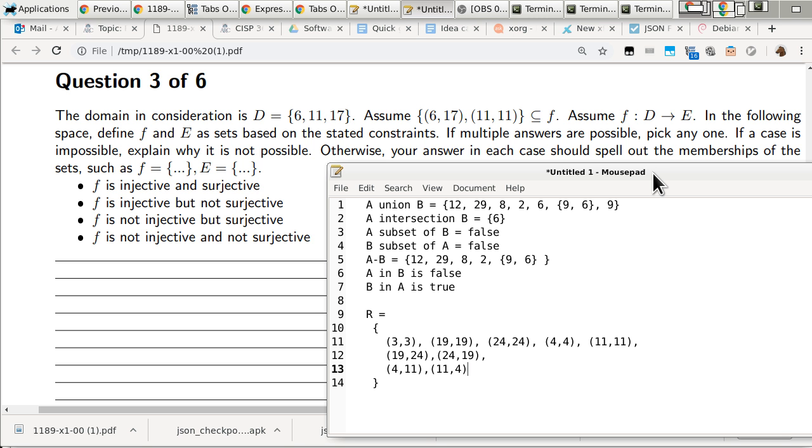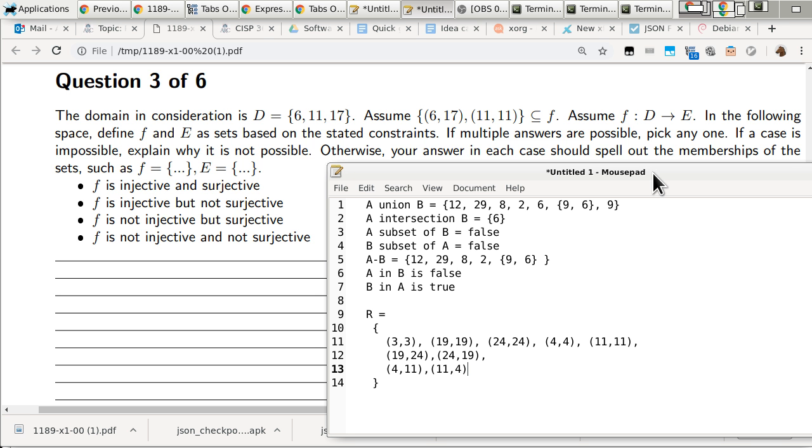Okay, how do we know that? Because we make that assumption. So you have to know how to read that notation. That notation says f is a function. It is an assertion that f is a function already. D is the domain, and E is the codomain.